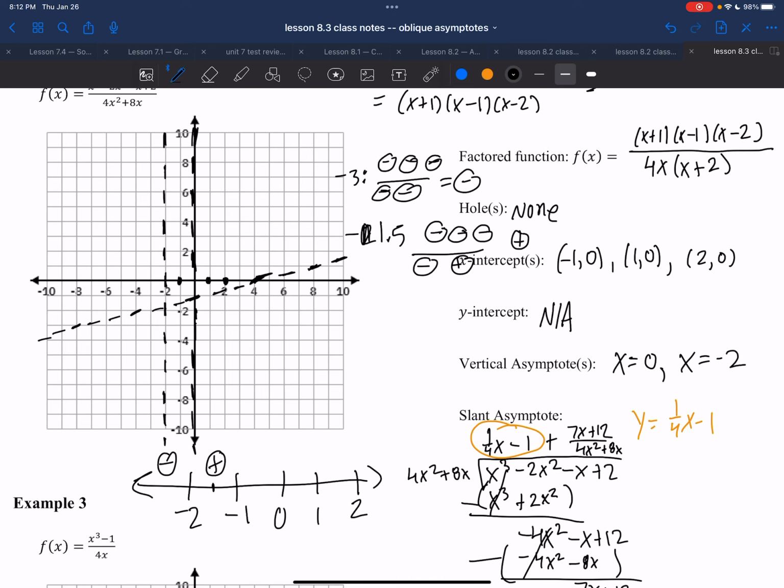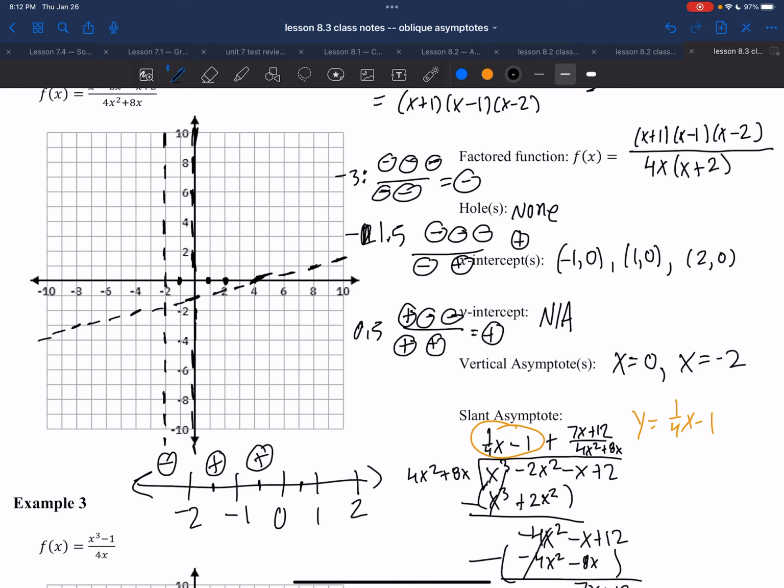And then between 0 and 1, so 0.5. That's positive, negative, positive, and positive. So that is positive. Okay. Still positive there. I guess I tested, that's what I just tested, huh?